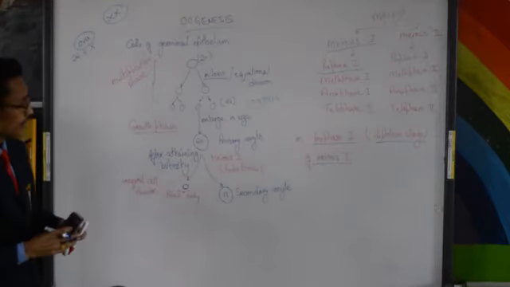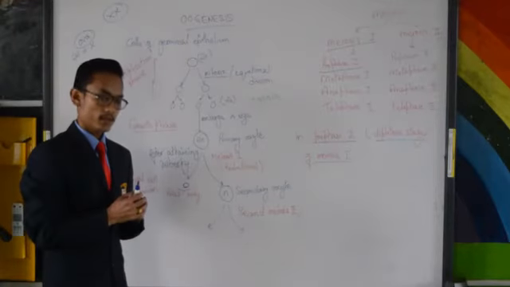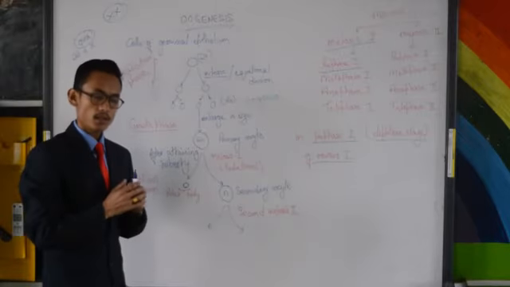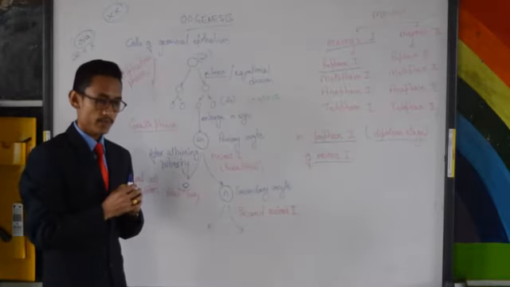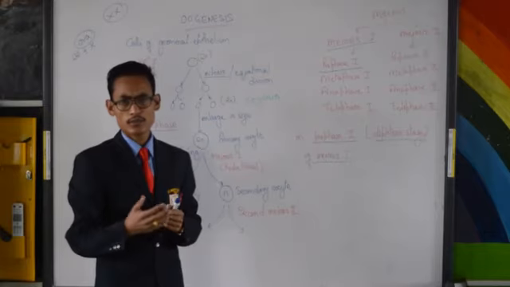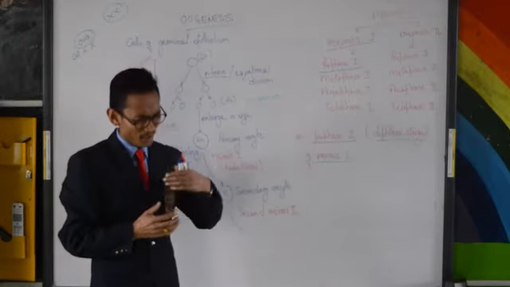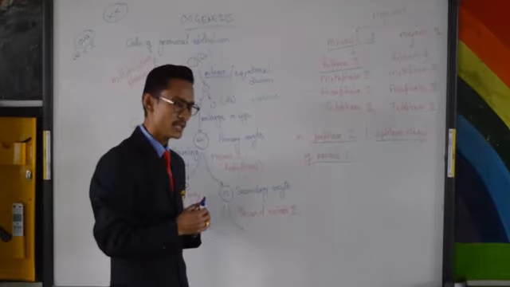So what have we learned till now? We have learned that oogenesis begins from the time of embryonic development, that is the development of the female fetus. Around the second month of gestation, we will find around 6 lakhs of primary follicles, which will continue to divide by mitotic cell division.